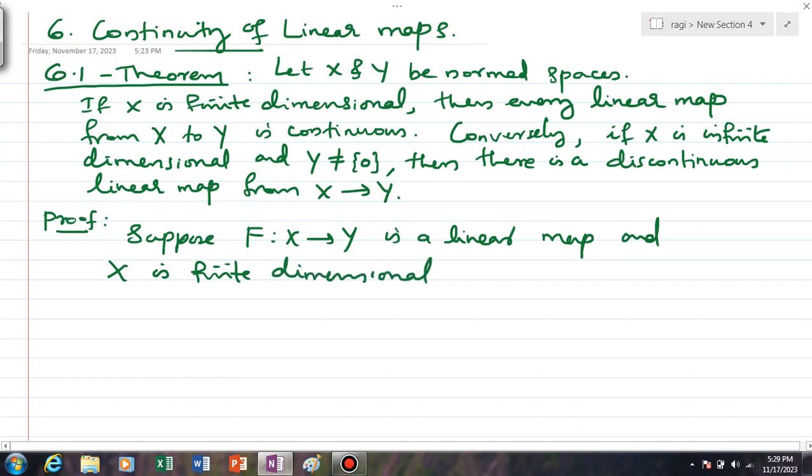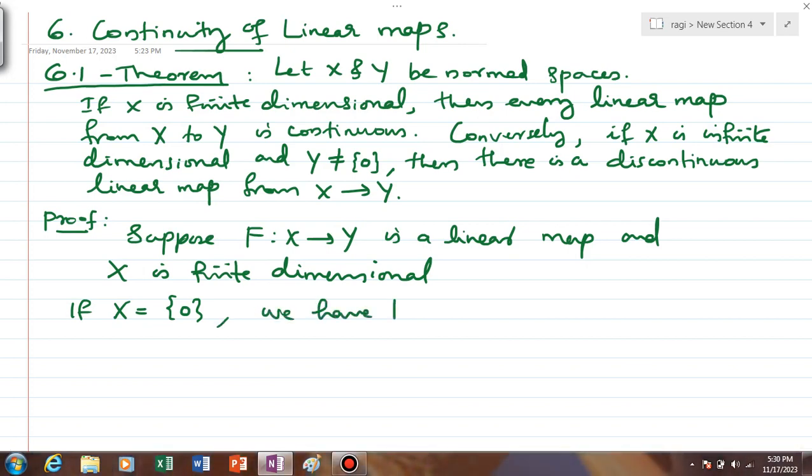We know that when a space is finite dimensional, then it has a basis, right? Considering the case X equal to {0}, the dimension is 0 and we have nothing to prove here, since if the domain contains only one point, the map is always continuous.